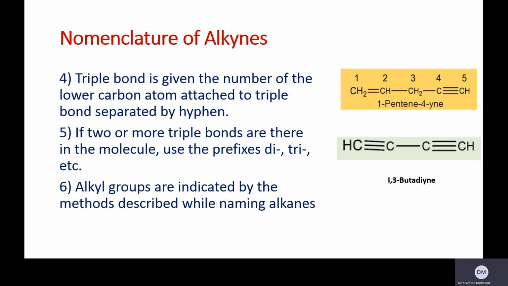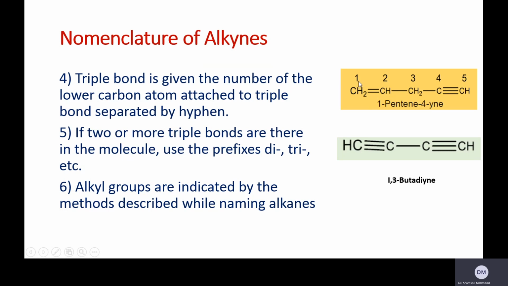But when there is a competition between double bond and triple bond, we will prefer the side where the double bond is nearest. For example, if we number from the left side, carbon 1 and carbon 2, the double bond is between carbon 1 and 2. If I number from the right side, the triple bond is between 1 and 2. So there is a competition, and we will number from the side where the double bond is nearest.